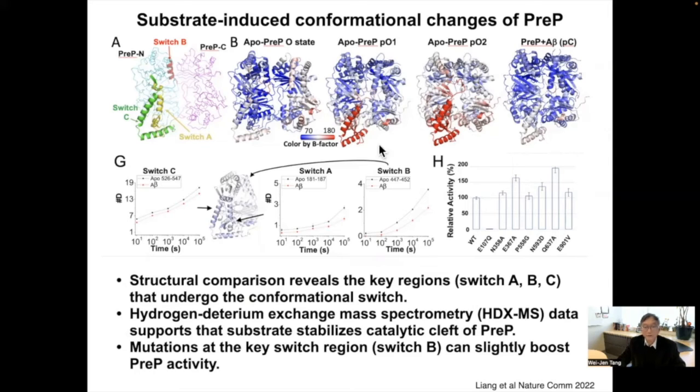In the absence of the substrate, the switch region is less ordered because it has a high B factor, low resolution compared to the rest of the molecule. That's not true when the substrate A beta is bound. This is substantially improved. This is supported by the solution-based experiment, hydrogen deuterium exchange by mass spectrometry. With the substrate, you see much less hydrogen deuterium exchange.